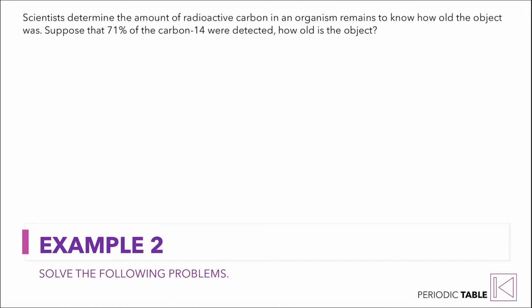So, kapag we are concerned with the percentage na natira, so meaning with respect doon sa initial amount ng carbon 14, ang gagawin natin is i-express natin yung percentage in terms of ratio. Okay?